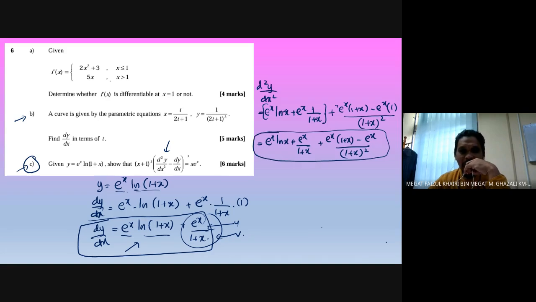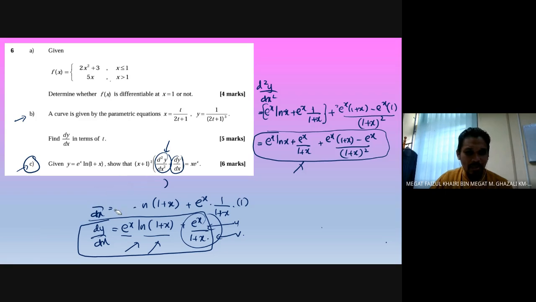I have no idea if I just substitute this second derivative and this dy/dx, then multiply with (x plus 1) squared, whether it is possible. I think it's possible.